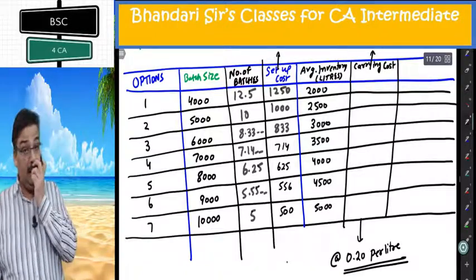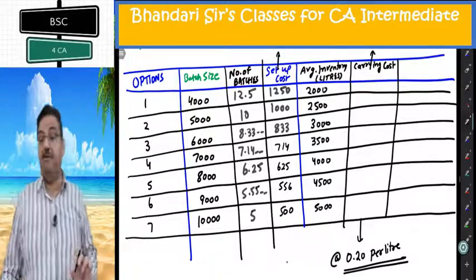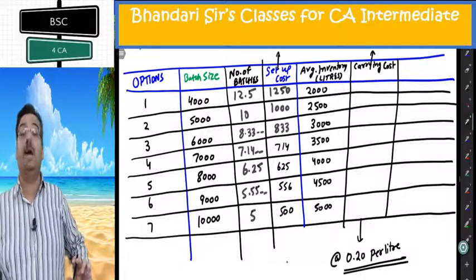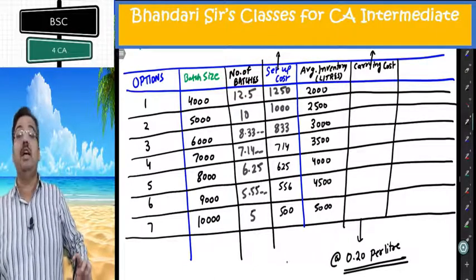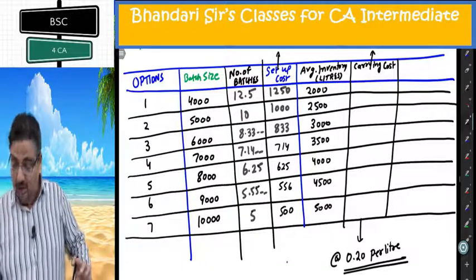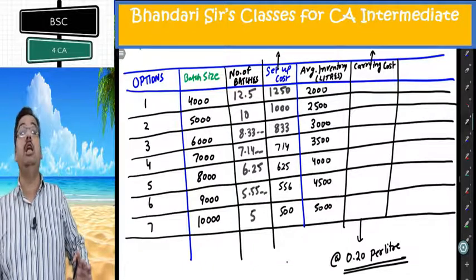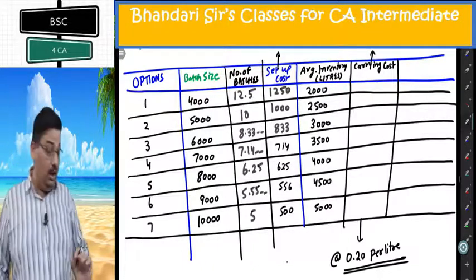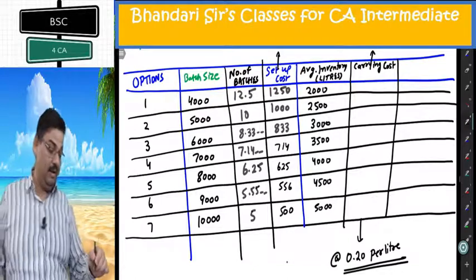For 1 liter, what is the cost? 20 paisa. 50 rupees is the cost, but not per liter. It is for a square meter. In 1 square meter, you can hold 250 liters. So for 1 liter, it is hardly 20 paisa cost.